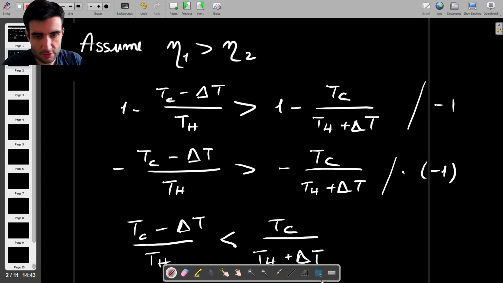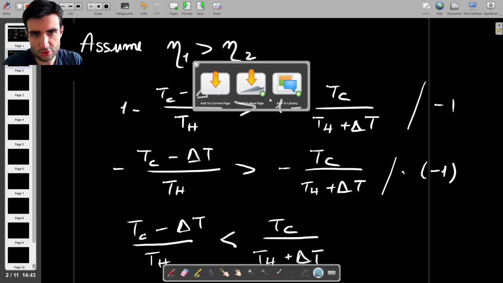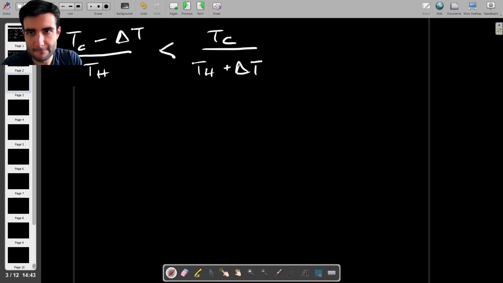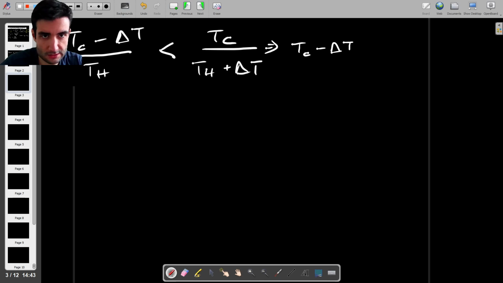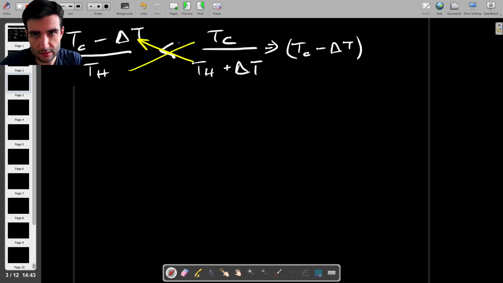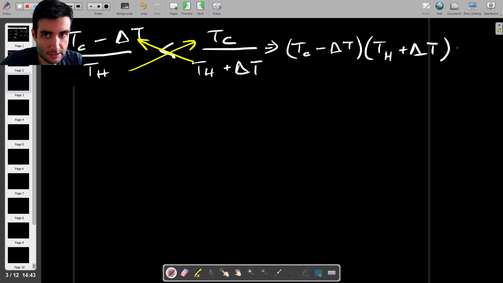Okay, so at this point, we can just cross multiply. Because all terms are positive, cross multiplication would give us that T cold minus delta T, times T hot plus delta T, is less than T cold T hot.